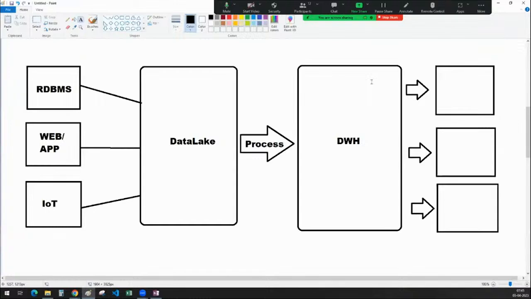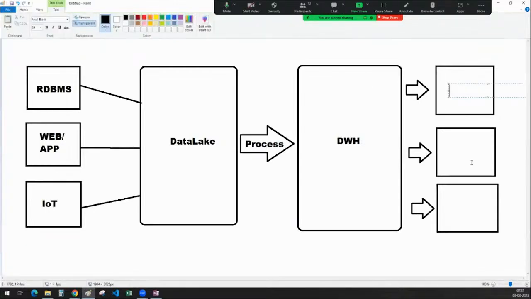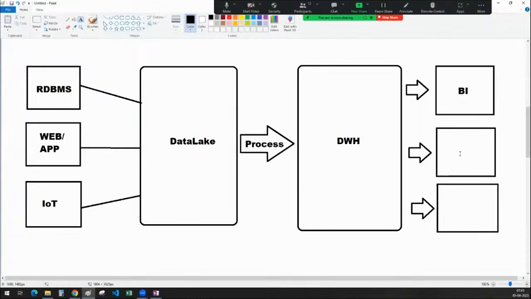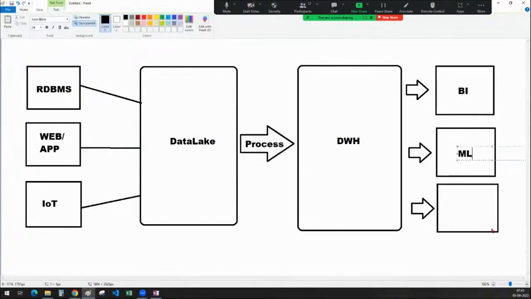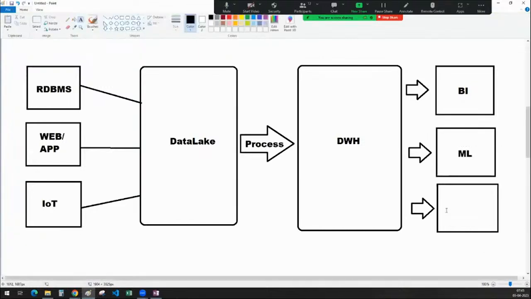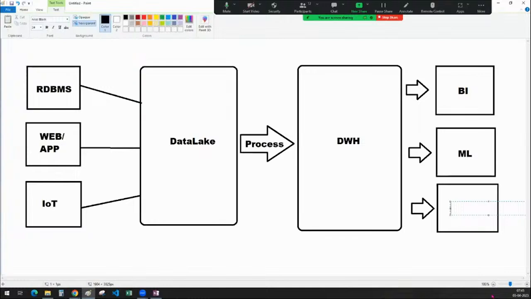So based on the BA requirements, or ML, or some ad hoc requirement, this is how it will be, guys.